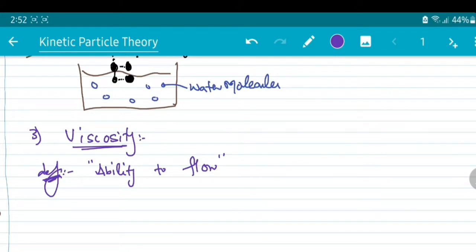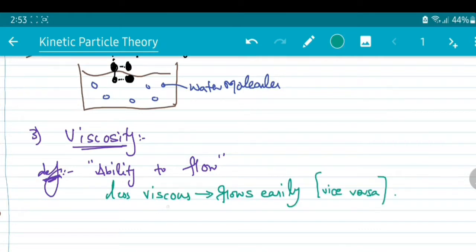So it tells us that it also depends on the attraction of forces between particles. Honey has stronger force of attraction, so it is more viscous, while water has less viscosity due to its weaker attractive forces among its particles.